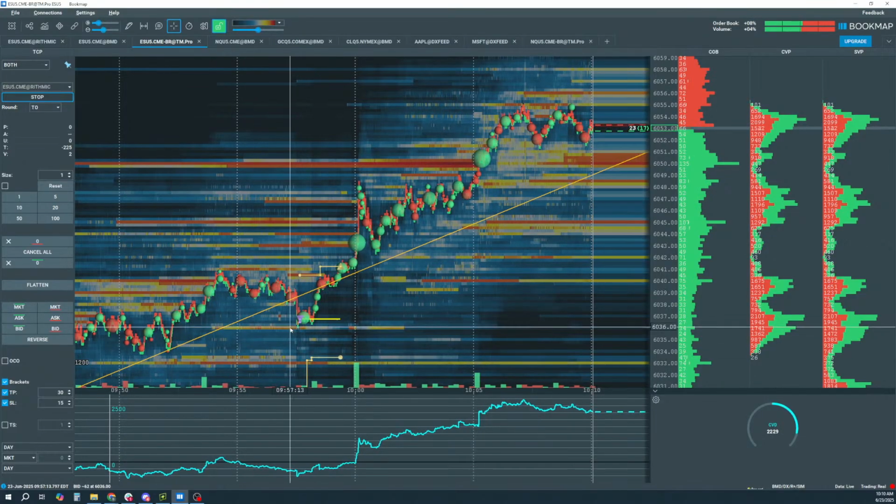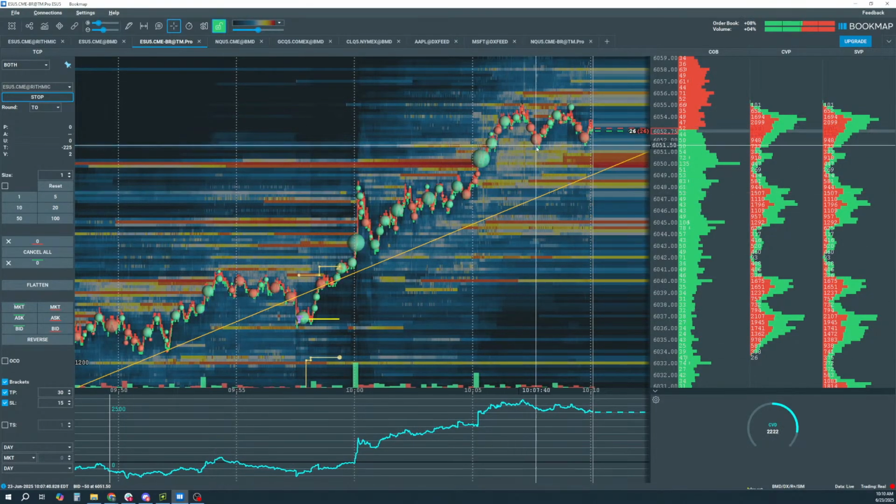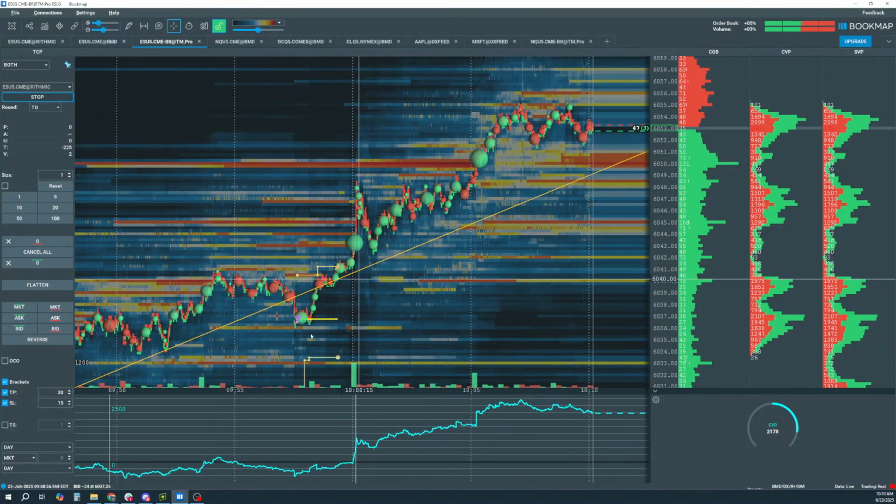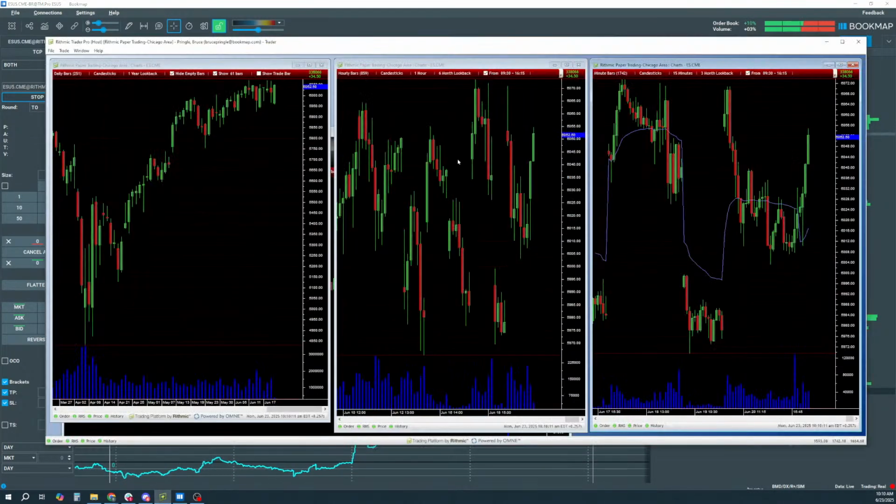I mean, we know that the fundamentals here, there's a lot of geopolitical stuff going on. All right, so let's look at our daily over here on the left hand side, for the ES, our hourly here in the center, and our 15-minute on the right. Let me see if there's any questions over here in Discord.